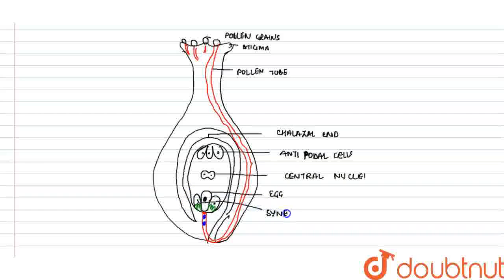So these are the synergids, and what is the importance of the synergids? It has the filiform apparatus. These are the filiform apparatus. What is the importance of the filiform apparatus? It guides the entrance of the pollen tube. All right, so these are the two male gametes.